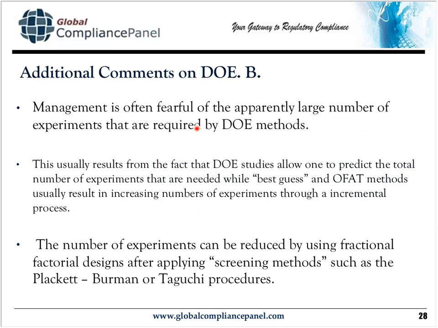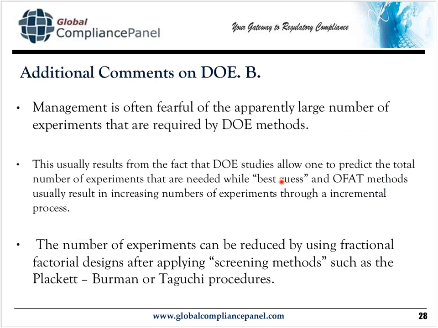One of the reasons you get this is that if you do DOE studies, you can calculate in advance how many studies you're going to need, and this looks large a lot of times, presented up front.